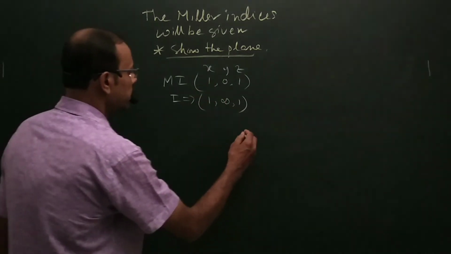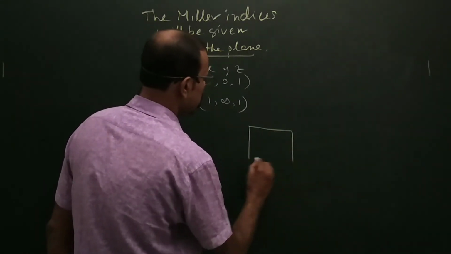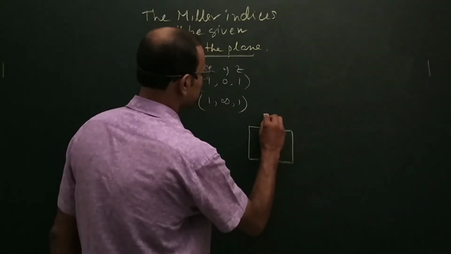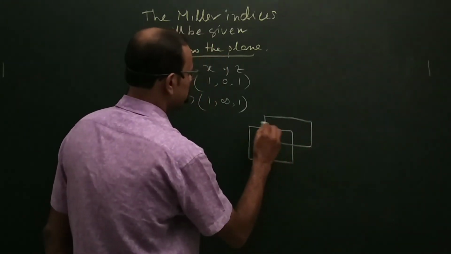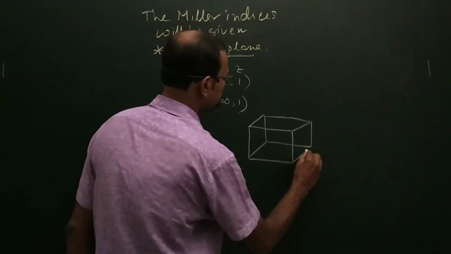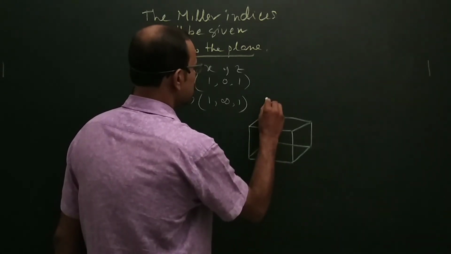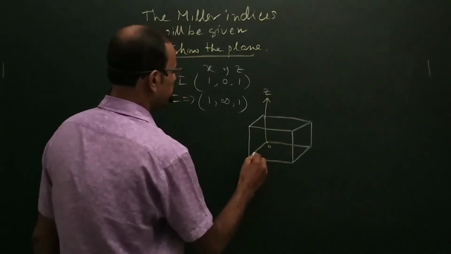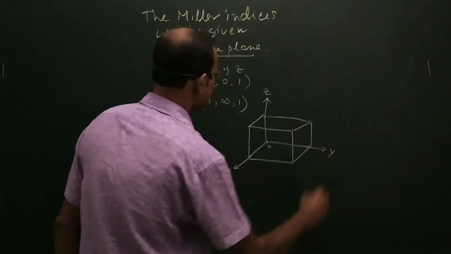So I am drawing the cube again. This is the cubic unit cell or lattice. Suppose this is the origin, this is z-axis, this is x-axis, and this is y-axis.